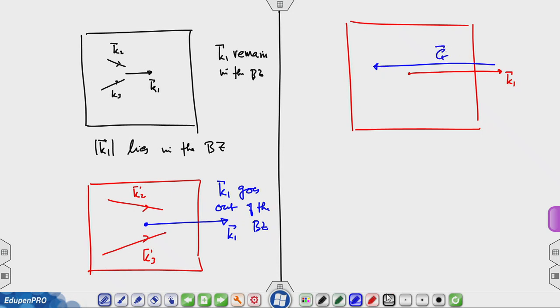So, from here to here is pi by a, and I subtract 2 pi by a, so that k 1 is equivalent to this. This is k 1 minus g, and in fact, it is going to be the other way. So, this is going to be not this one, but here.